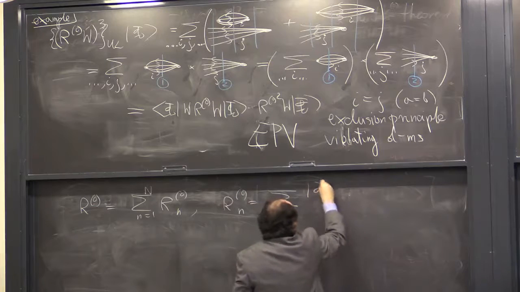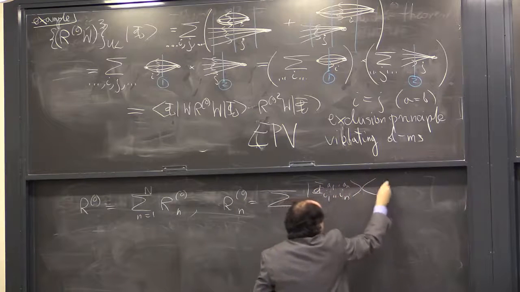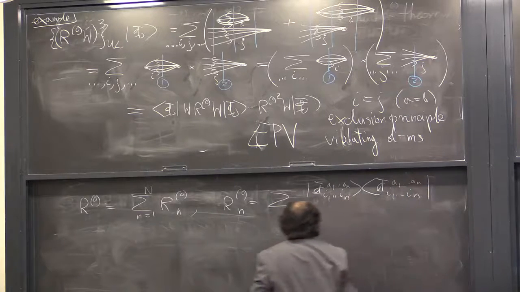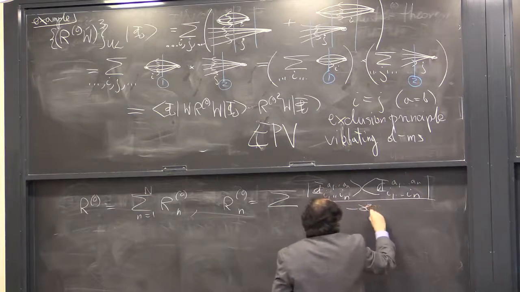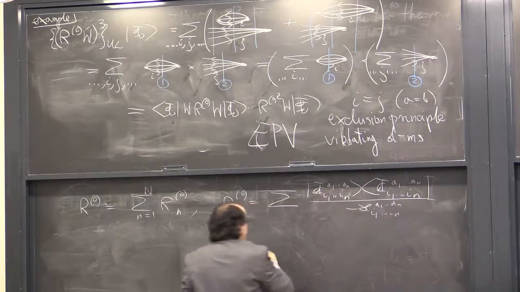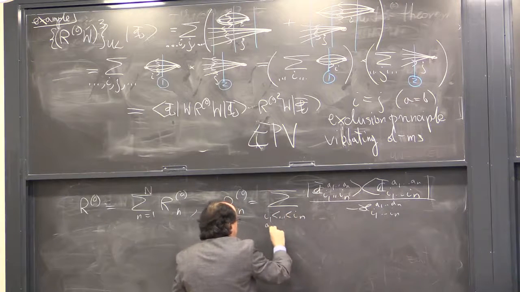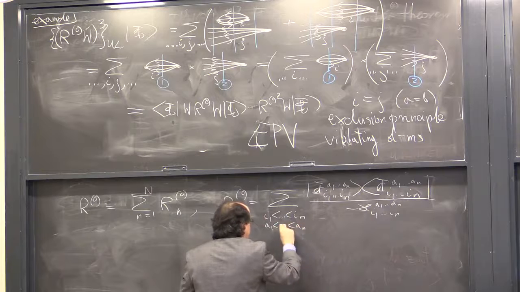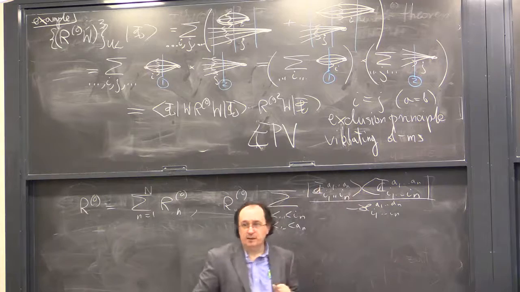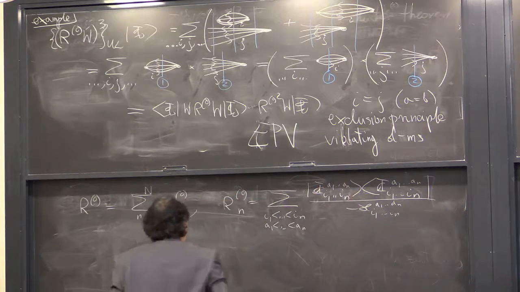We had phi I1...IN, A1...AN, and then phi I1...IN, A1...AN, divided by minus kappa I1...IN, A1...AN, and then we will have here I1 less than IN, A1 less than AN, because of course you have to sum over linearly independent determinants to avoid repetitions.